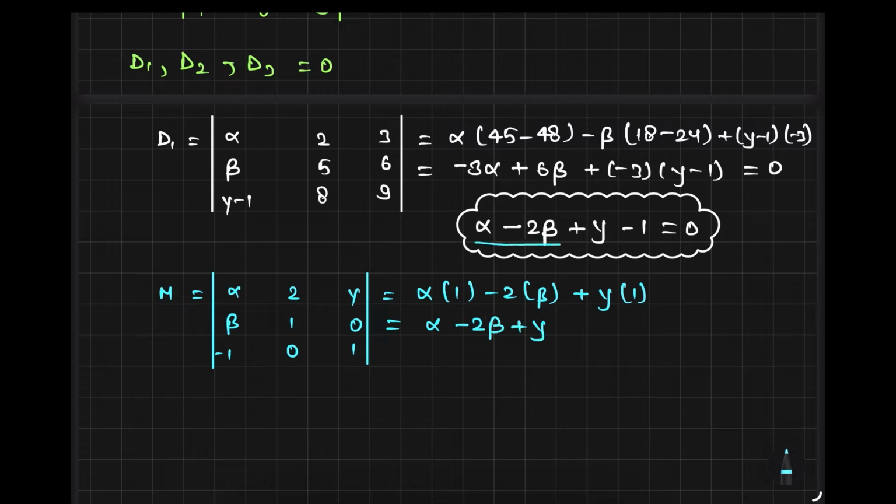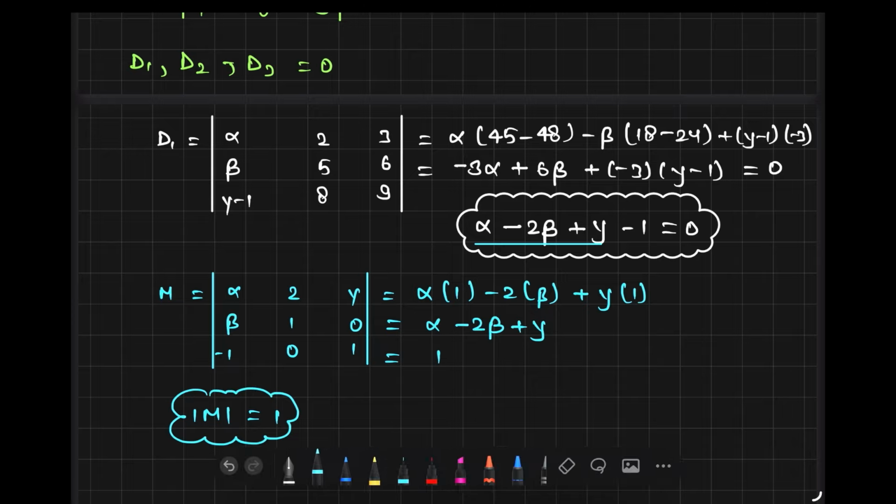Look at this, alpha minus 2 beta plus gamma equals 1. So can I say that the determinant of M becomes 1? Correct. So we got the value of the determinant of matrix M as 1. I hope this is clear.